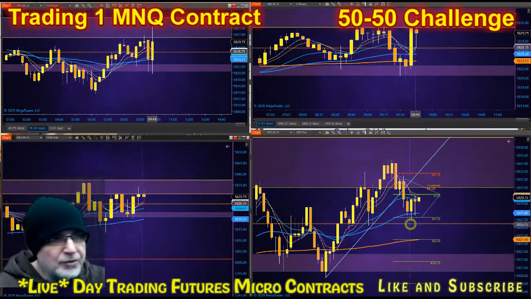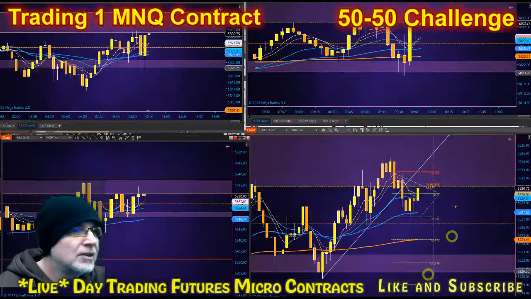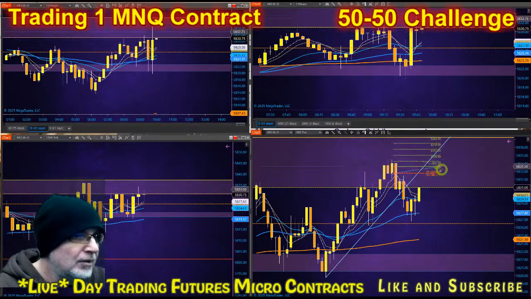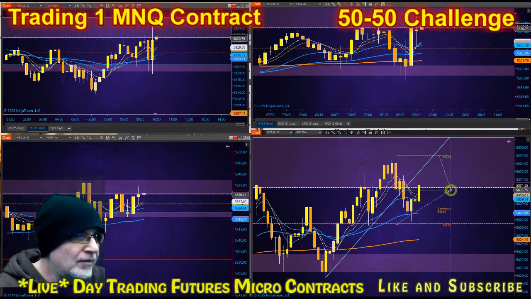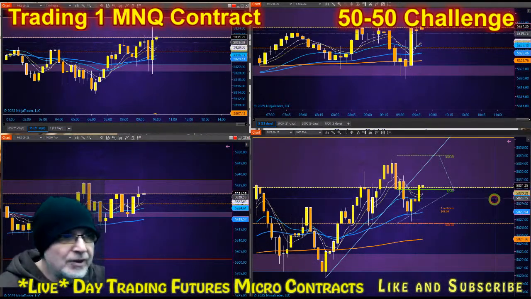If it were to close above right here, right now, we could try a little trade to the upside. It's a $22 trade right here.